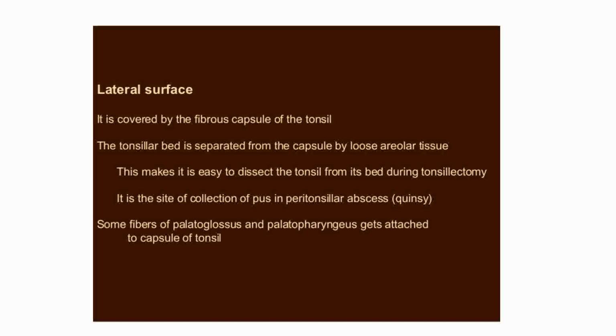Through this loose areolar tissue, the tonsil can be dissected from its bed structures during tonsillectomy. This site is also a site for the collection of pus, which we call peritonsillar abscess, otherwise known as quinsy.